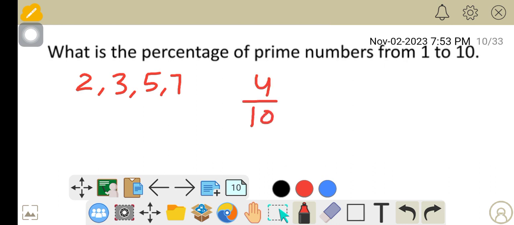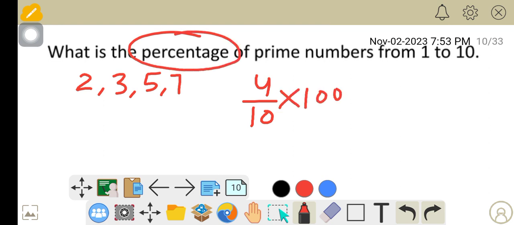This is the ratio, but we need to write it in percent, so we need to multiply by 100. So the required percentage of prime numbers from 1 to 10 is 4 upon 10 into 100. Now we can solve it. We can cancel 0, and the answer is 40%. So there are 40% prime numbers from 1 to 10.